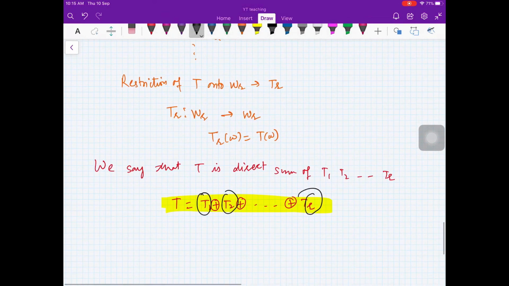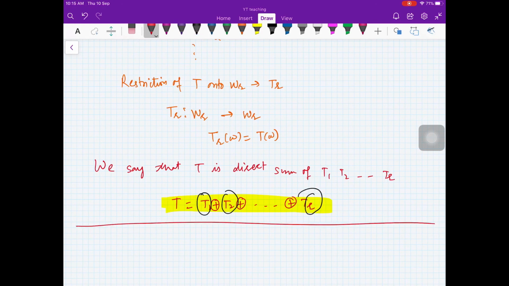So there are names for this. For example, we say that the subspaces W1, W2, WR reduce T. This is just a way of saying it.